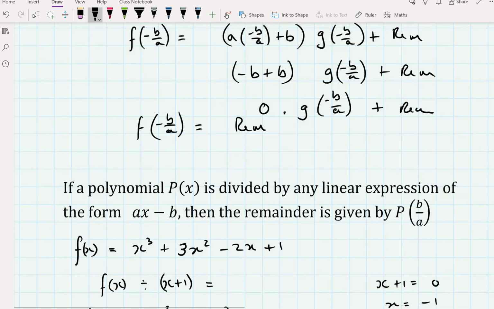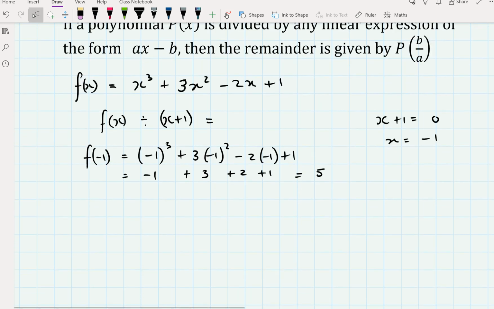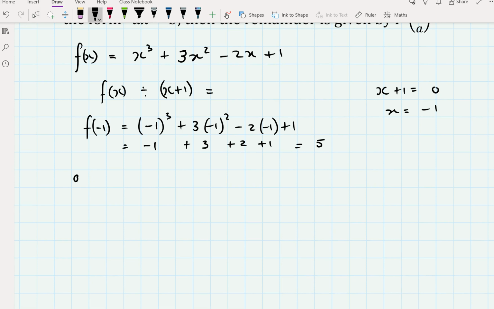And 5, if we go back and take a look at it, was the remainder that we had. Let's take a look at the second one. The second one, g of x, was the expression 2x cubed plus 11x squared plus 10x minus 2. And we want to divide it by 2x plus 3 in order to find the remainder.